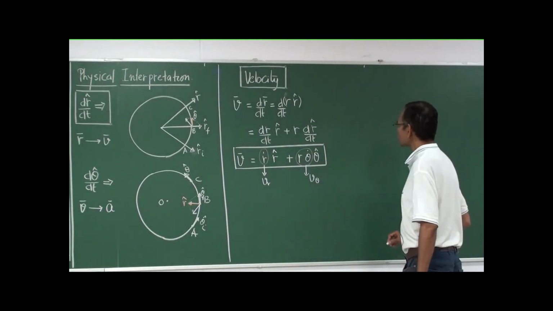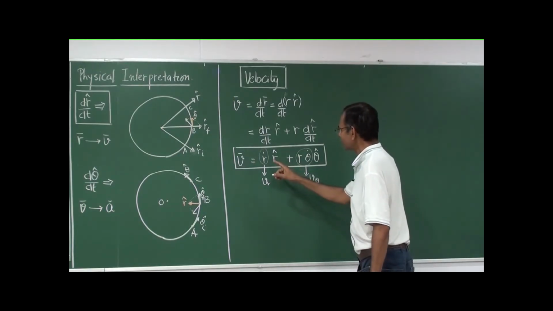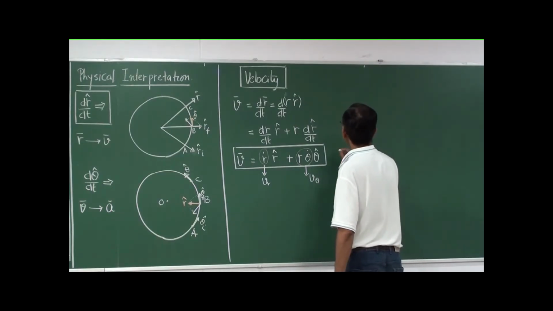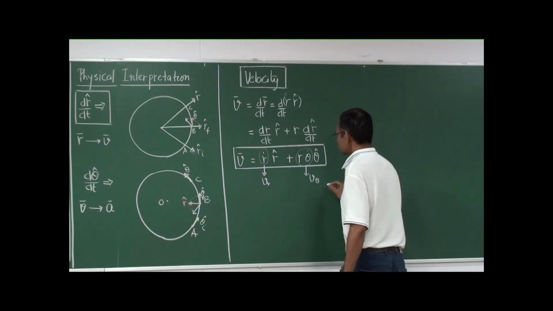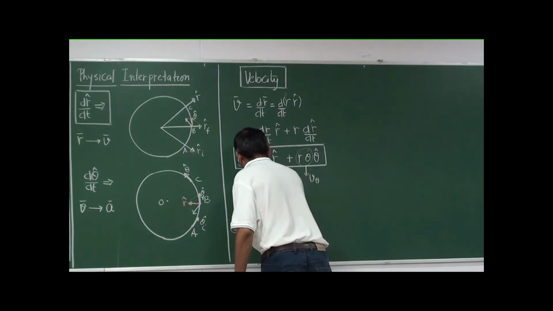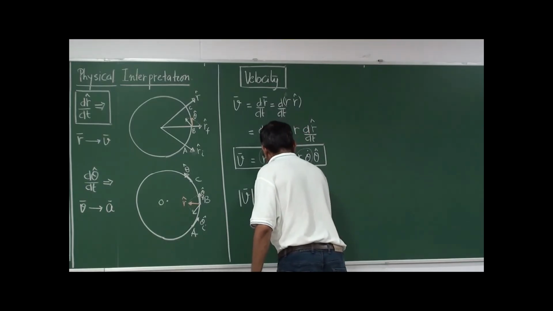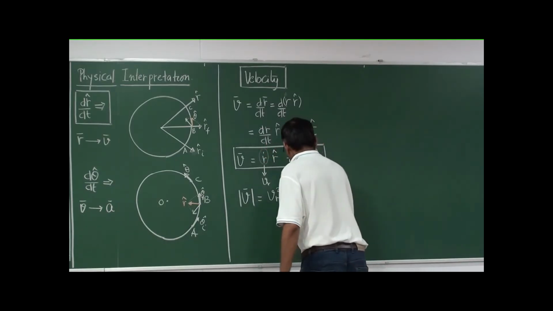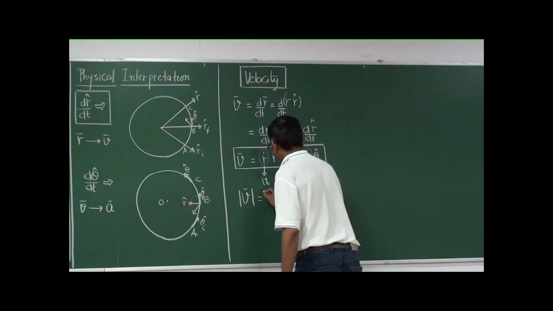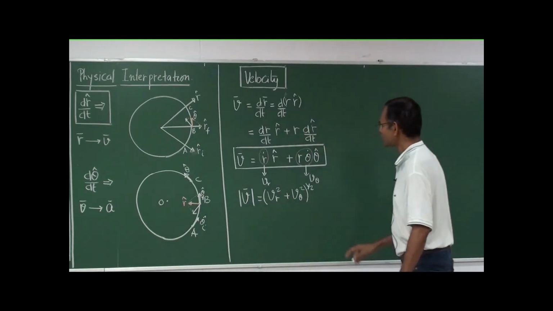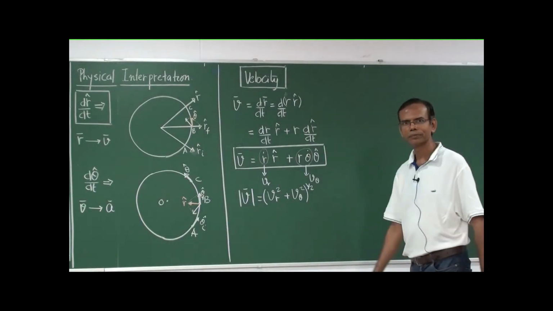So the magnitude of V I can write as V r square plus V theta square, to the power of half. So that is the magnitude of V.